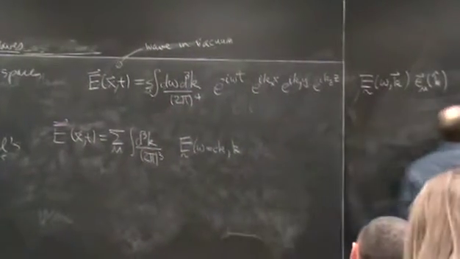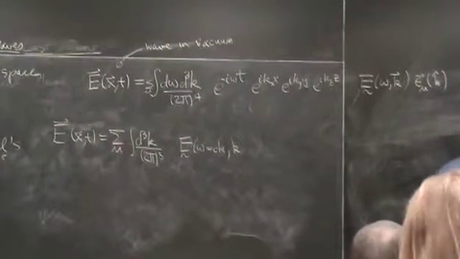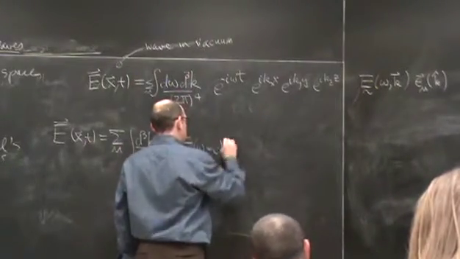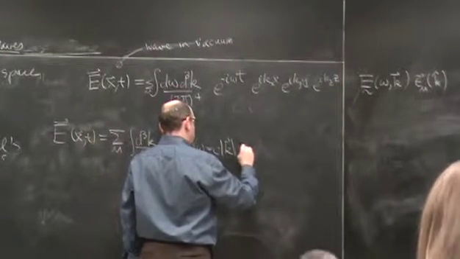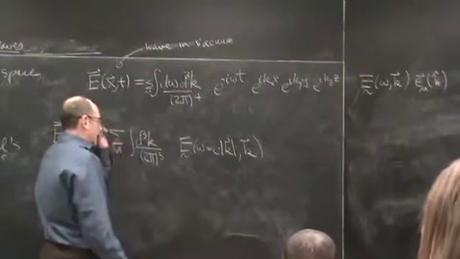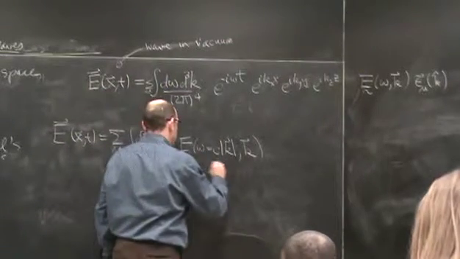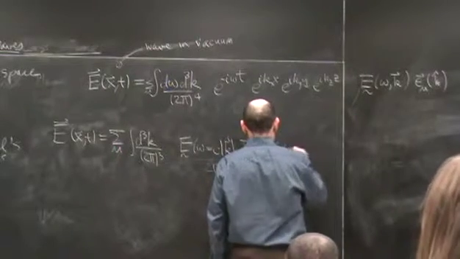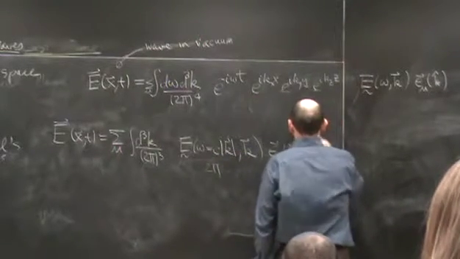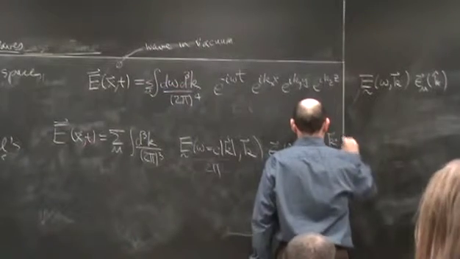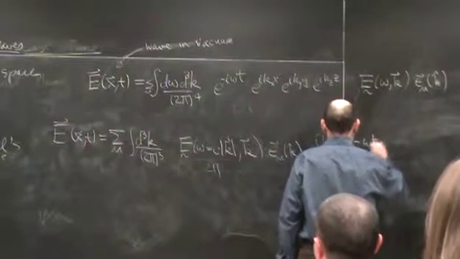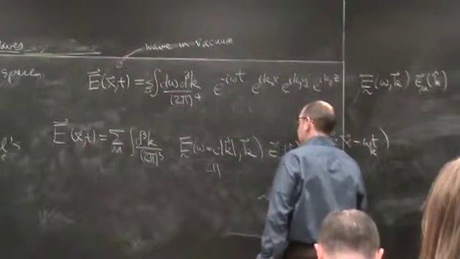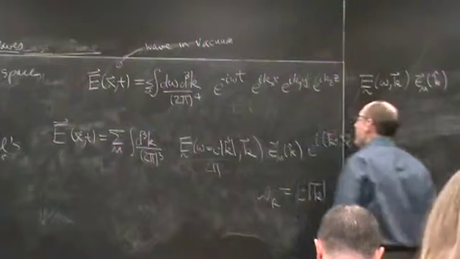Remember what this means. I should write this out more. This was the magnitude of the vector squared. So c is the magnitude of the vector and a function of the vector. 2 pi goes to pi to the 4th. The polarization vector, which depends on the direction of propagation, e to the i k dot x minus omega t, where omega_k is c k.